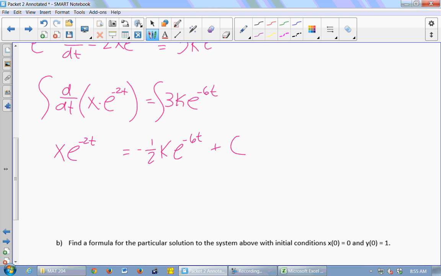And then the very last thing, divide both sides by e to the negative 2t to get x by itself. So e to the negative 6t over e to the negative 2t would be negative 4t, right? This would be negative 1/2 k e to the negative 4t plus c over e to the negative 2t.